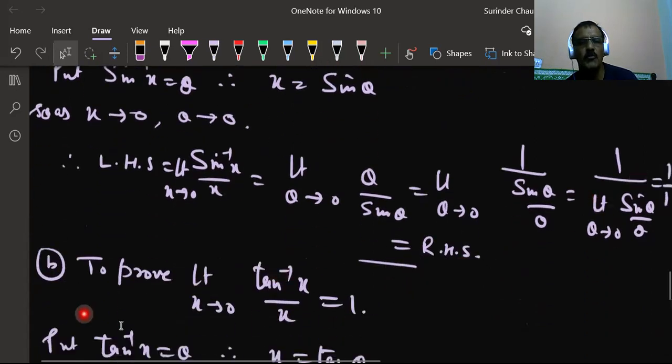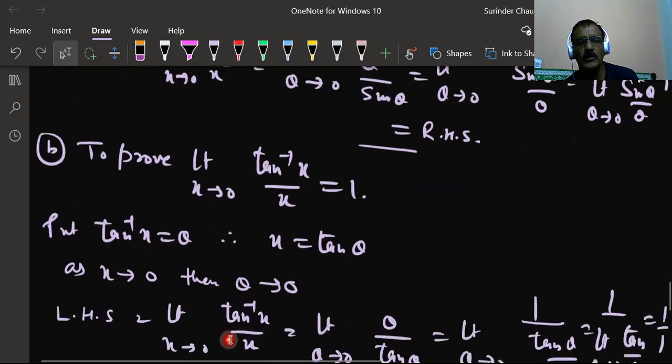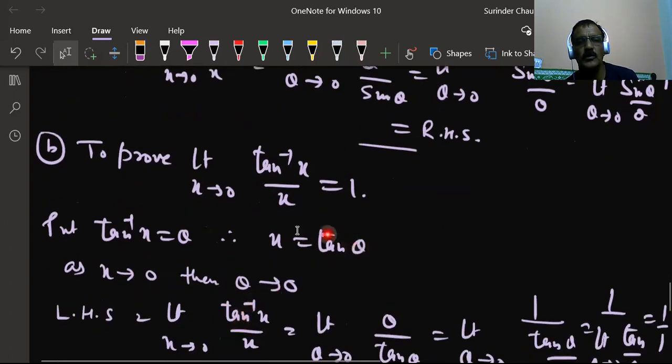So similarly, prove that the limit as x approaches 0 of tan inverse x upon x is equal to 1. The same substitution works here. Put tan inverse x is equal to theta. So therefore x is equal to tan theta. As x approaches 0, theta approaches 0.